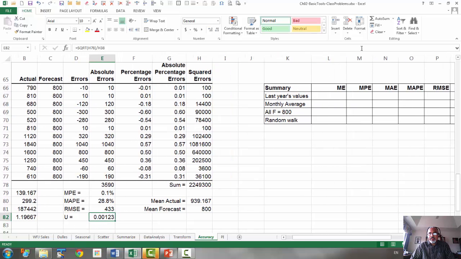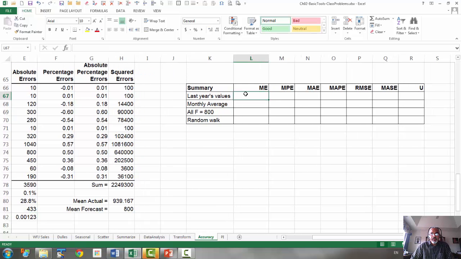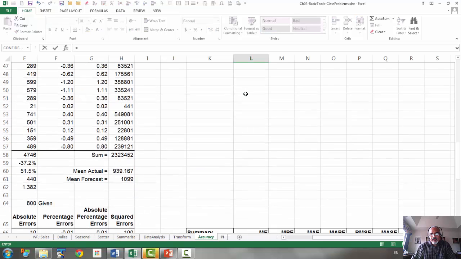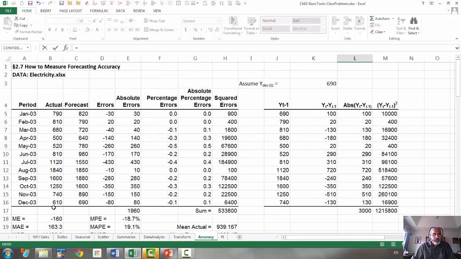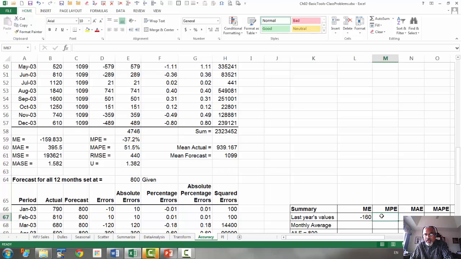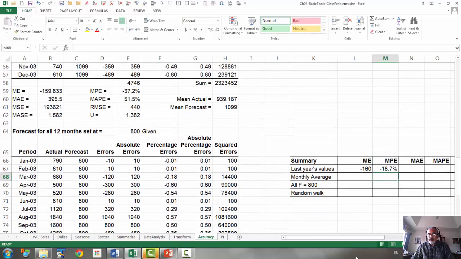Now in this table, like what's given in your textbook table 2.9, we have arranged the error measures for all of these different models. The last year's value, ME, would be that, right? MPE would be that, and so on like that.